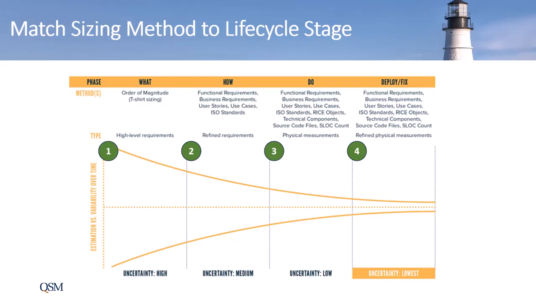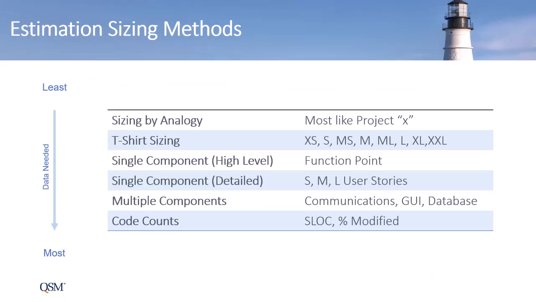This list of common software size estimation techniques is ranked by the amount of data needed to use them, from least to most. Sizing by analogy and t-shirt sizing. Single component high level. This is where one function unit, like function points, is used to measure the entire system.